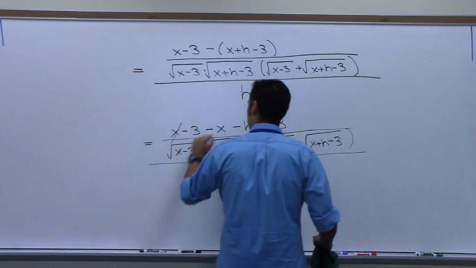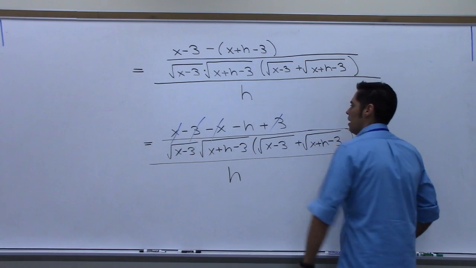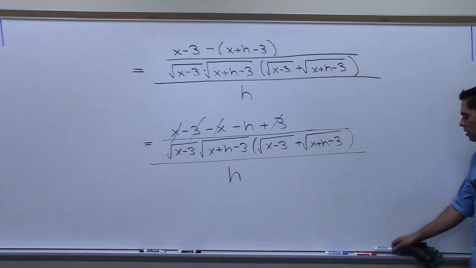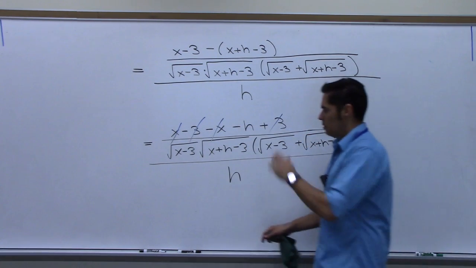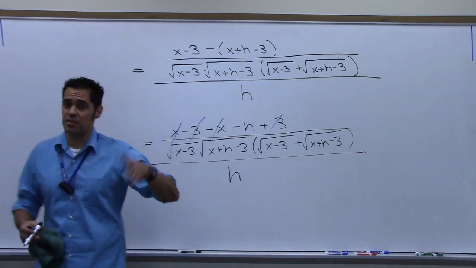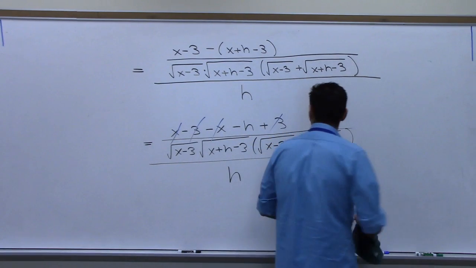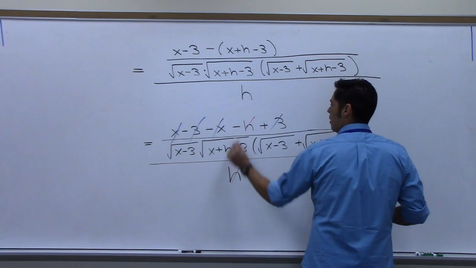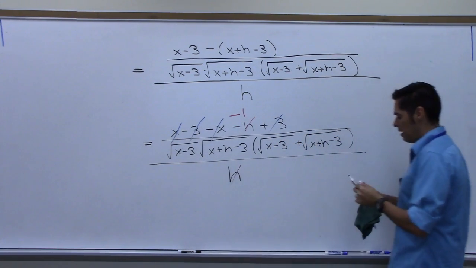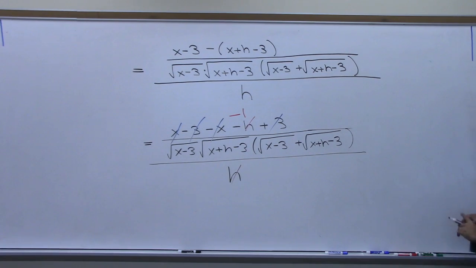X's are gone, right? 3's are gone. And now you have a negative h on top, so it'd be all over h. So you can cancel those h's at this point. And when you cancel them, don't forget you'll be left with a -1 on top, all over that junk. And that's your answer.